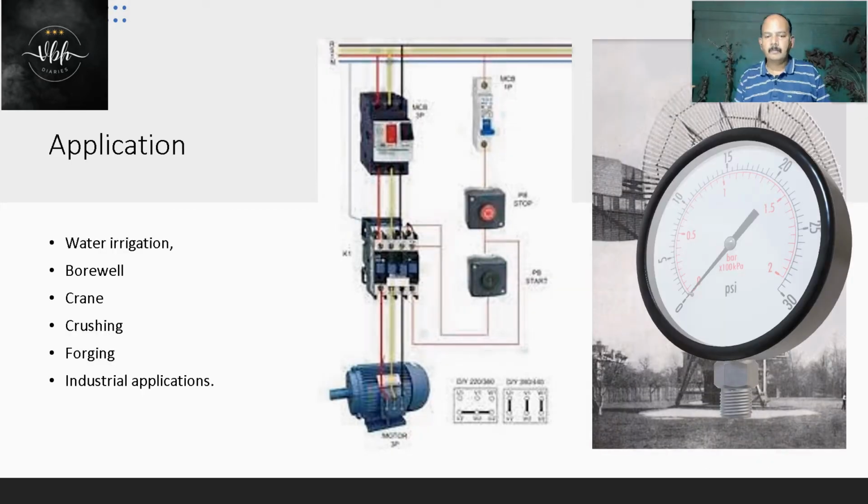So, application: where are we using it generally? If you take water irrigation projects, the big government water lifting irrigation projects use it. They are heavy motors which lift water from one place to other locations, from low level to high level.